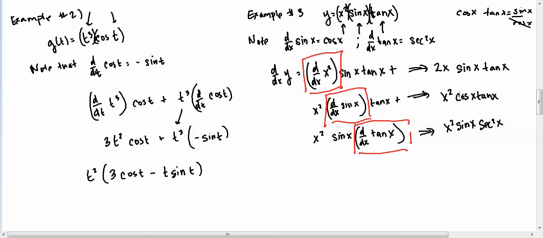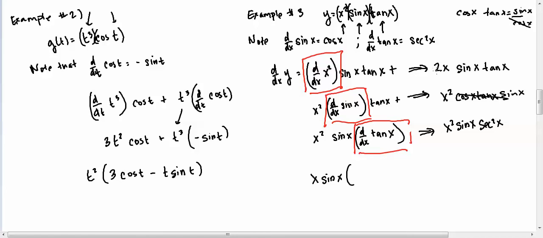So essentially this right here is just sine of x. And then my plan is to add them all up, and I'm going to pull out like terms. I know that there's at least one x in all three terms, and there's at least one sine of x in all three terms. So I'll pull that out. So I have x sine of x.